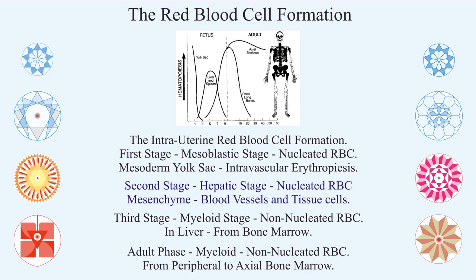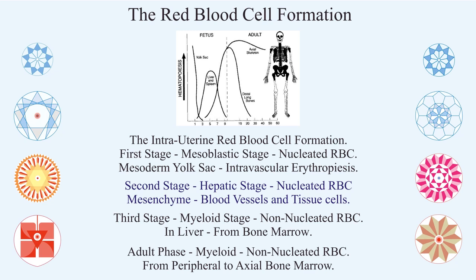But now, as we start developing thereafter, after the birth, focus from digital, distant long bones starts shifting to the axial bones, which are the core bones in the body. And that is called myeloid, non-nucleated RBCs.